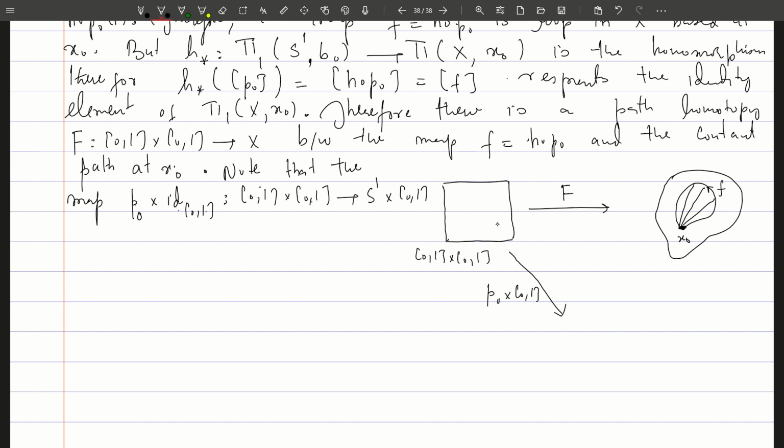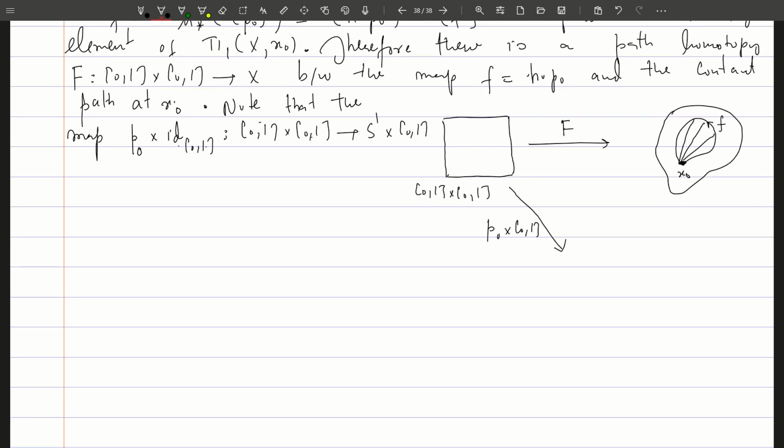Now what this p naught does to the interval [0,1] is map it to a circle, because p naught is the standard loop on the circle, and this id map is the interval [0,1] to [0,1]. So if we have this interval [0,1] here, we get this cylinder over here. Now p naught of 0 is b naught.